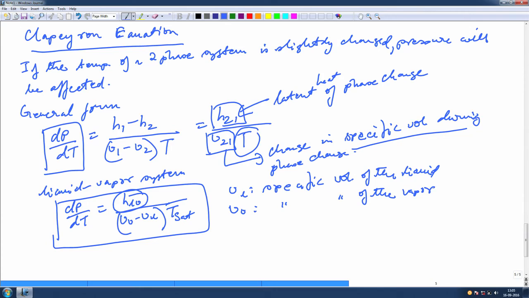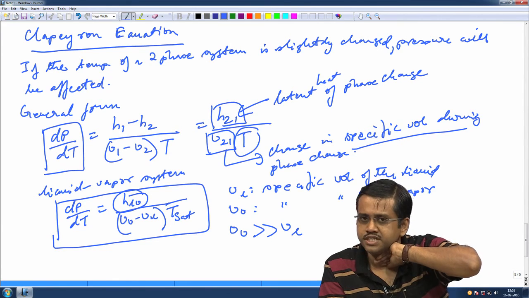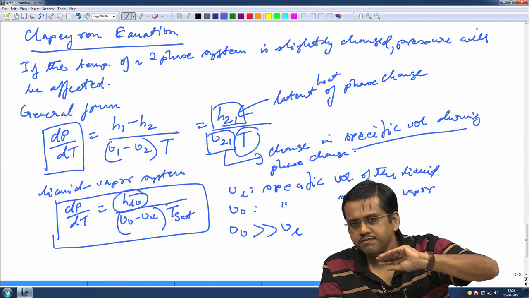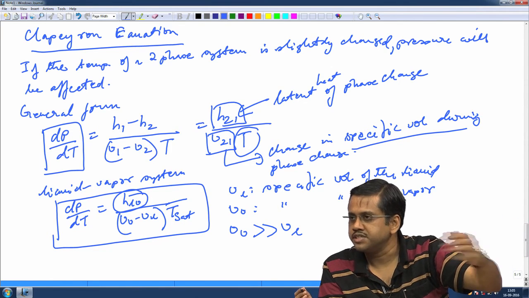Now, normally because of expansion, V_v is much greater than V_l, that is obvious. If you take a small drop of water and just vaporize it, because of the severe density change, since the specific volume is nothing but the inverse of the density, the vapor expands almost 1000 times.